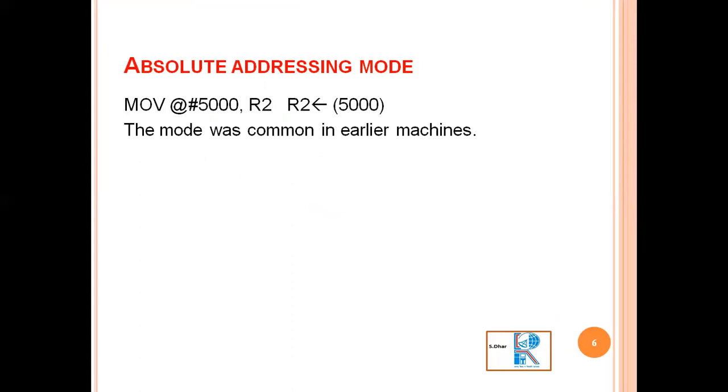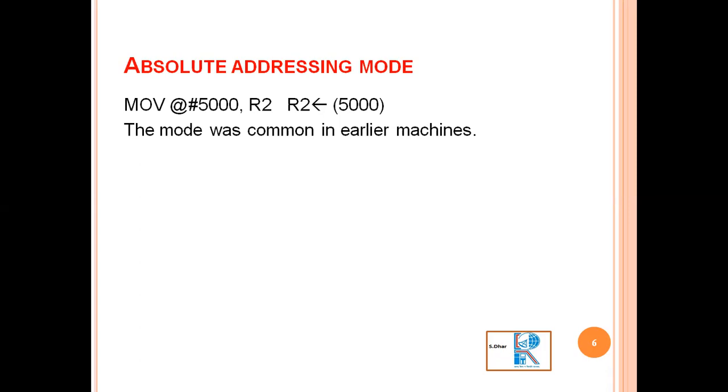What is the meaning of that? Here 5000 is the address of the data. Remember, if I give only hash, it will be data itself. But when I give @#5000, that means this is the address of the data. That means 5000 is the address where the data is stored.